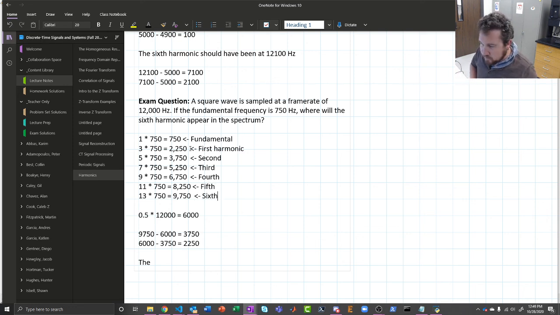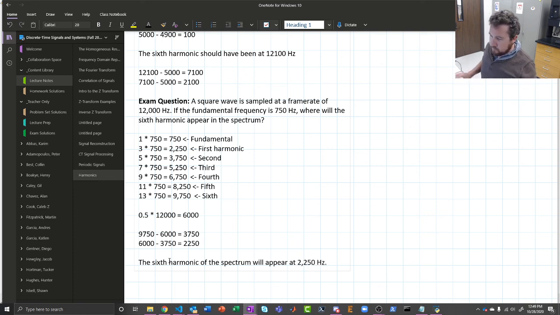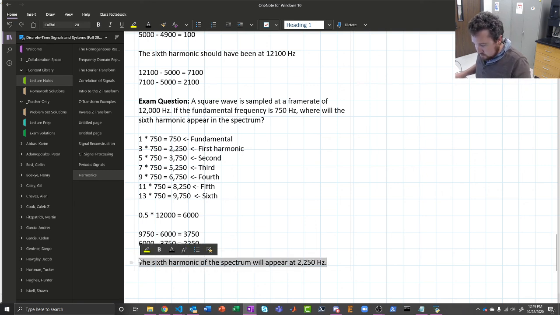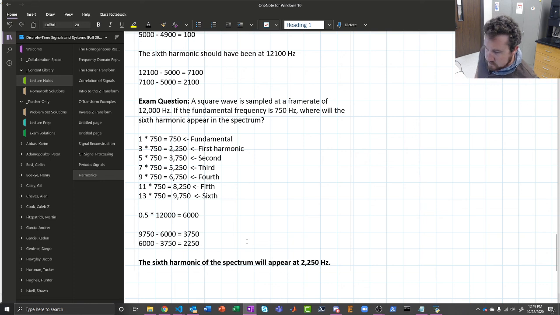I made the same mistake when I did it just now. But yeah, that's the sixth harmonic. So we would say that the sixth harmonic of the spectrum will appear at 2,250 hertz. All right, so any questions about that?